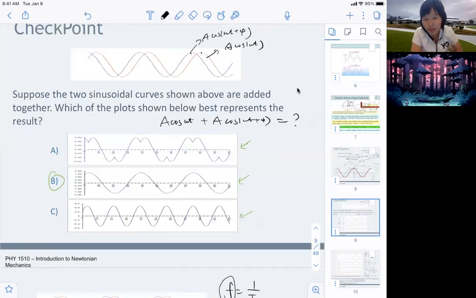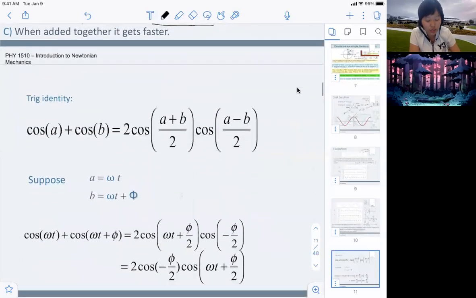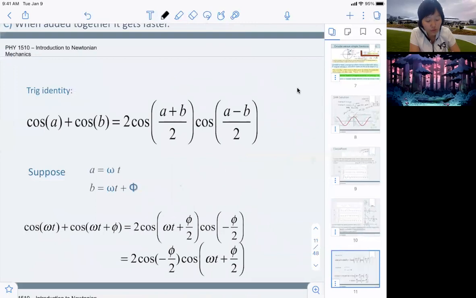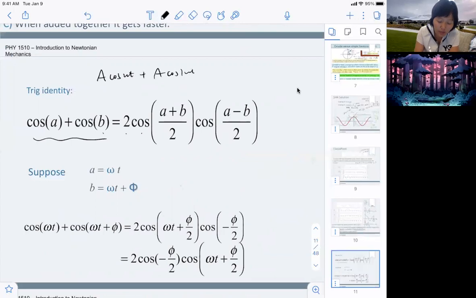You can always go back and rely on your math to see what the superposition looks like. So we can figure that out using this trig identity, okay? Cosine a plus cosine b is 2 cosine of (a plus b) over 2, cosine of (a minus b) over 2. Now in this case, we have a cosine omega t plus a cosine omega t plus phi, right?